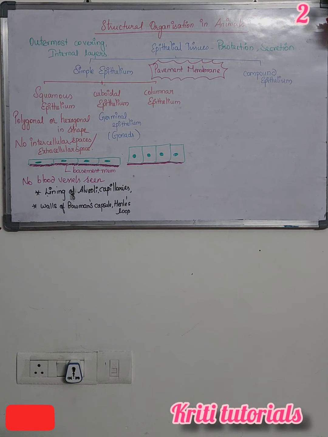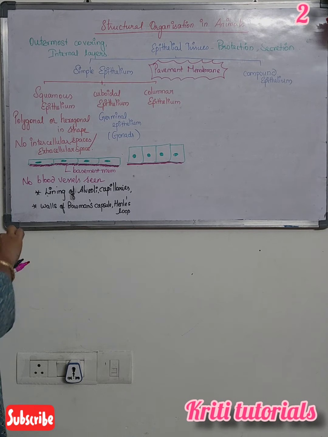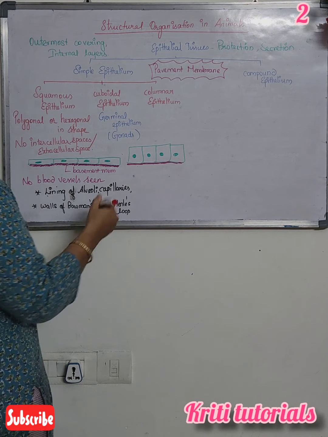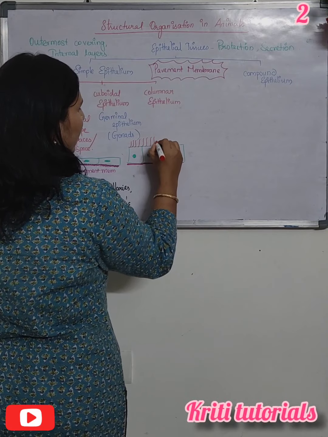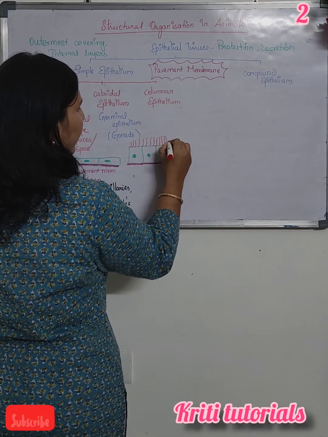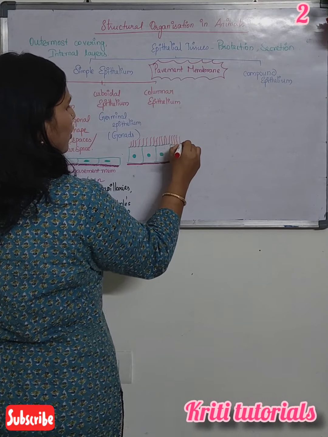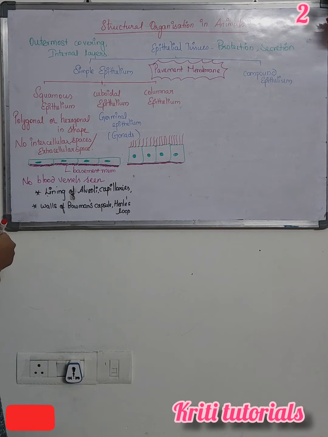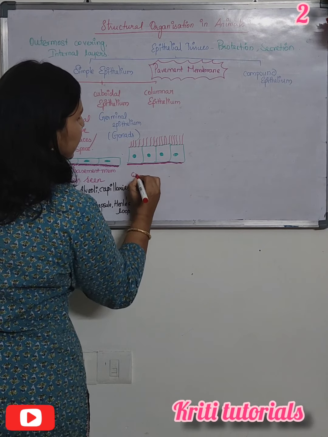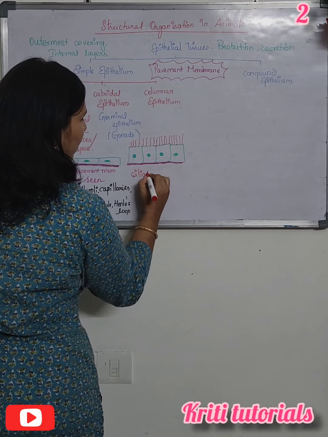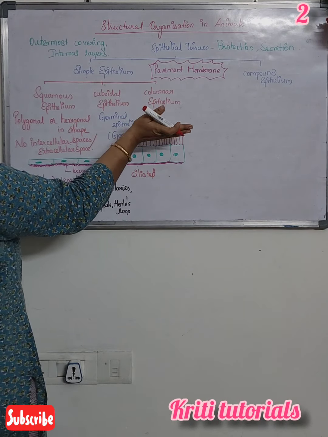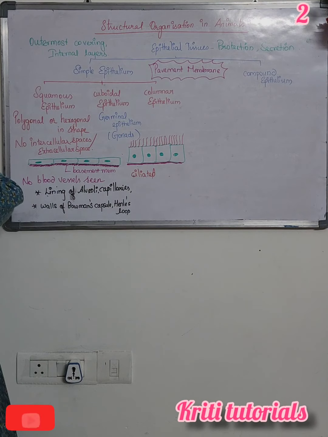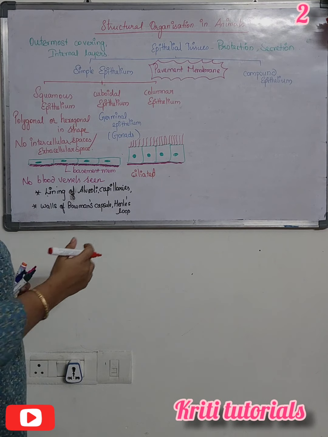In the free space of this epithelium, if you find some small hair-like structures, we use the term ciliated. So how do we term this? If there is no presence of cilia, we call it cuboidal epithelial tissue.